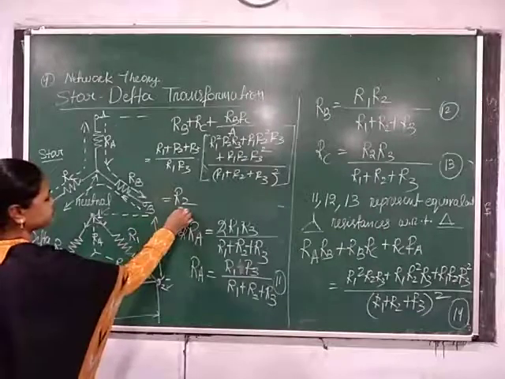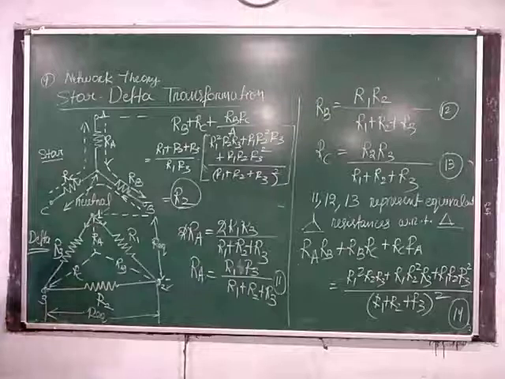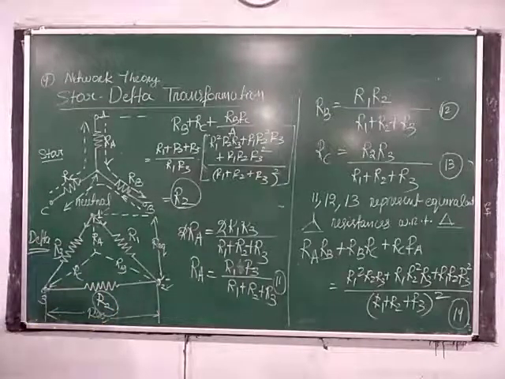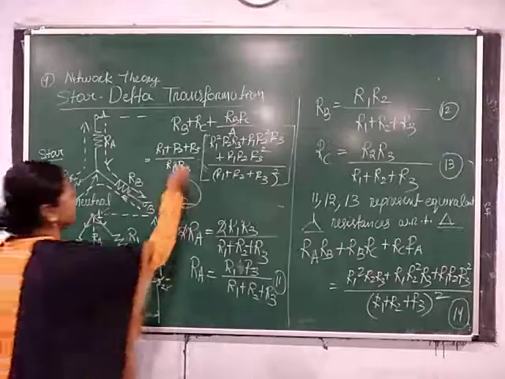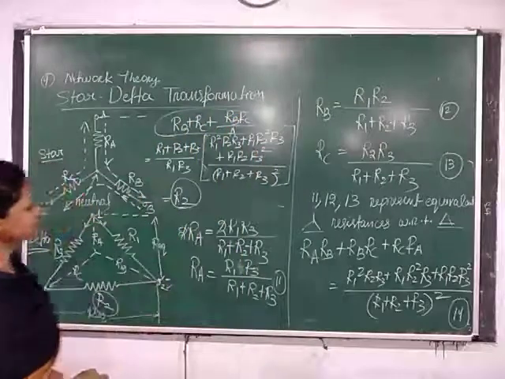That is the delta resistance R2 with respect to star.